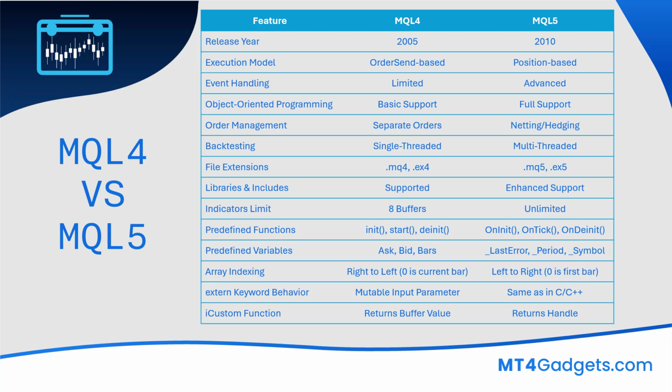And same with MQL5. MQL5 is a better language, is faster. It can use multi-thread. It uses positions instead of orders. And after a first adaptation from MQL4 to MQL5, probably you will find the same, that yes, MQL5 is a superior programming language than MQL4.